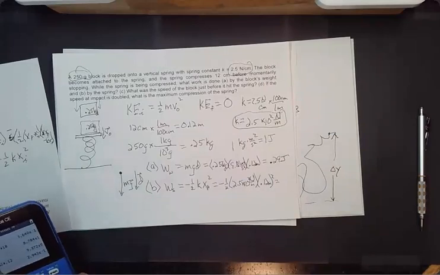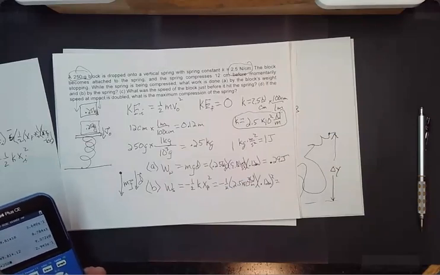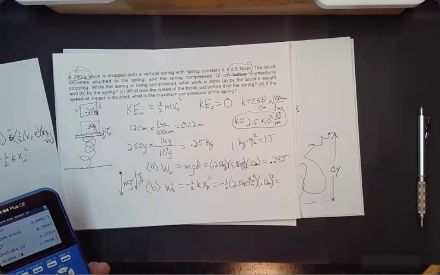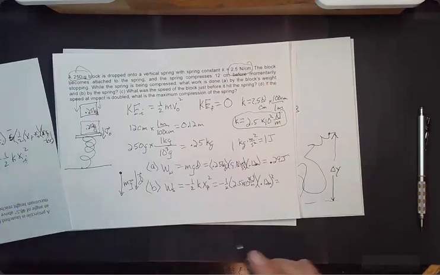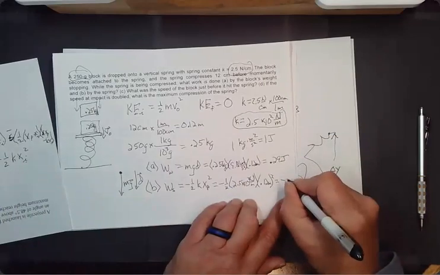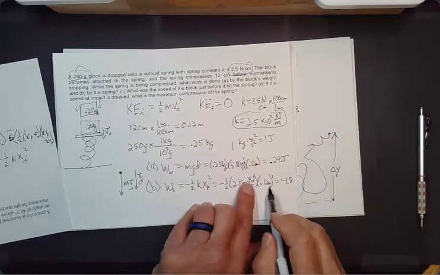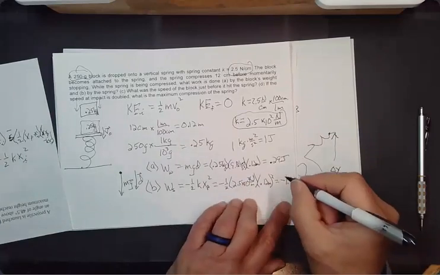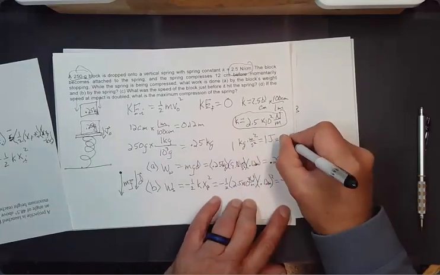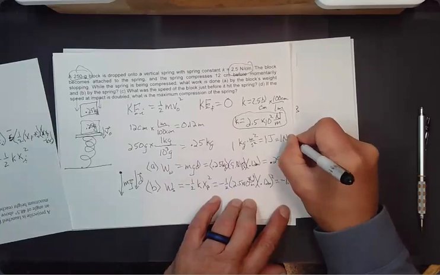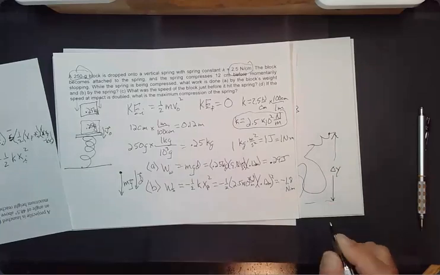So 0.5 times that, and I get minus 1.8 newton meters, which is the same as a joule. It's the same as a kilogram meter squared per second squared. So that's also equal to 1 newton meter. So minus 1.8 newton meters.